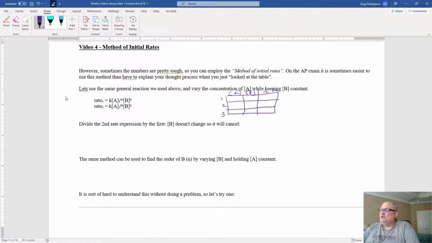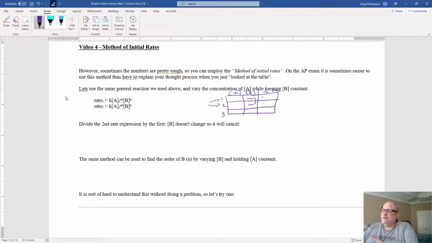What we can do is compare any two rates, and we choose ones where one of the variables is held constant. So let's say we're going to compare experiment runs 2 and 1. If B is held constant between experiment 1 and 2, then we compare what happens between rate 1 and 2.